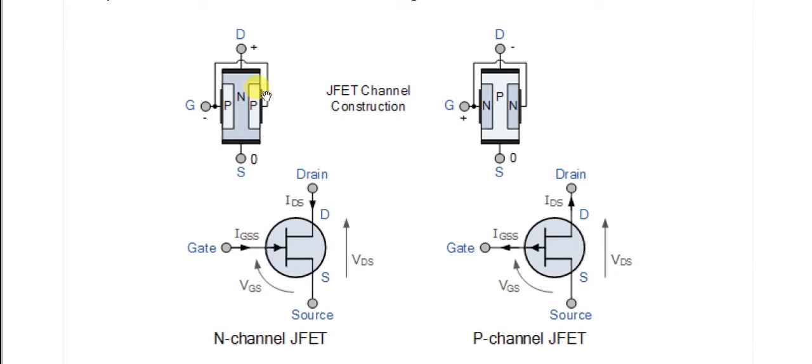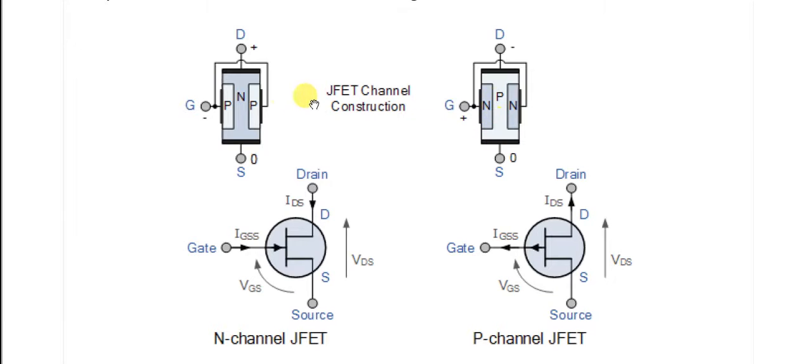The other two terminals are the source terminal and the drain terminal. Although it is unipolar, only one type of charge flows: electrons in the N type case, and holes in the P type case.